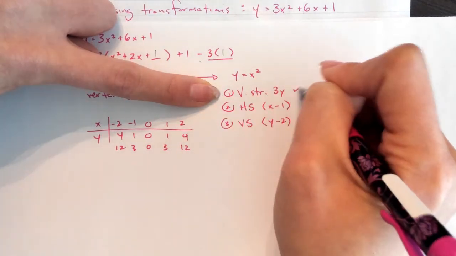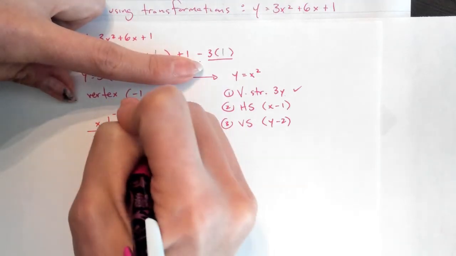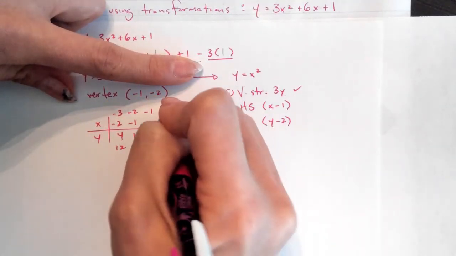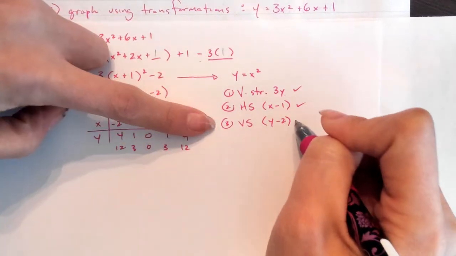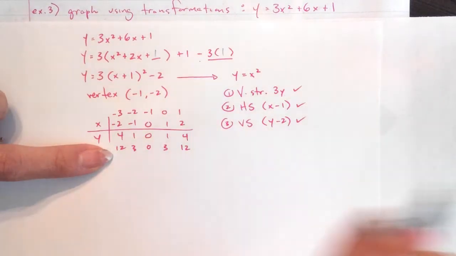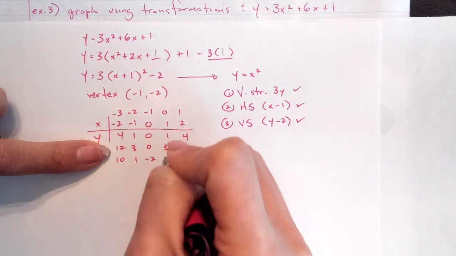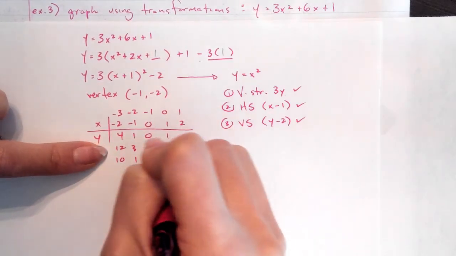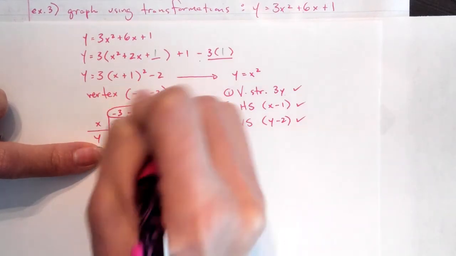So I did this. And then it says minus 1. Okay, so negative 3, negative 2, negative 1, 0, 1. So I did this step. And this says minus 2. So all my verticals, I minus 2. So 10, 1, negative 2, 1, 10. These are my y values. These are my x values.